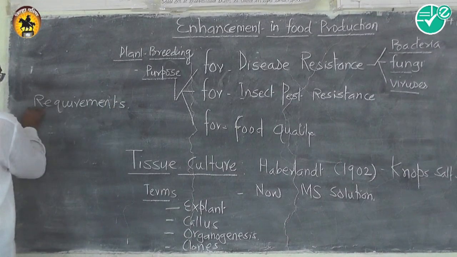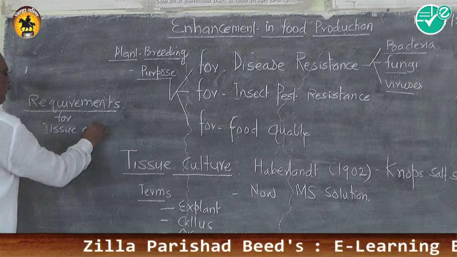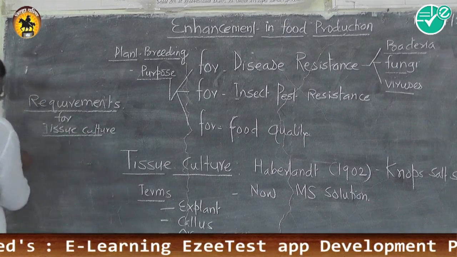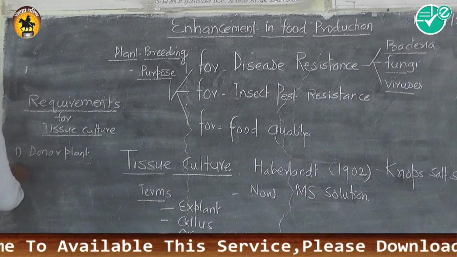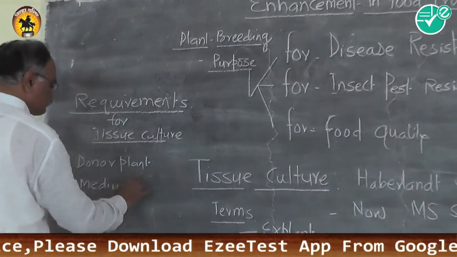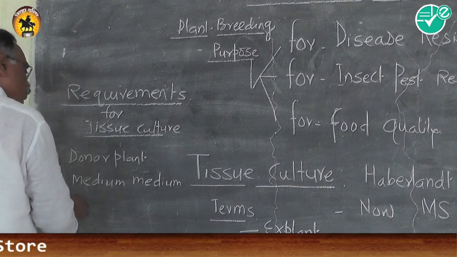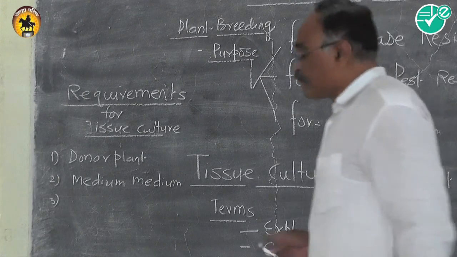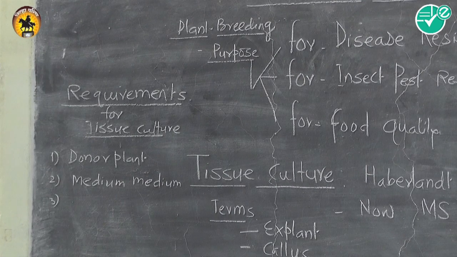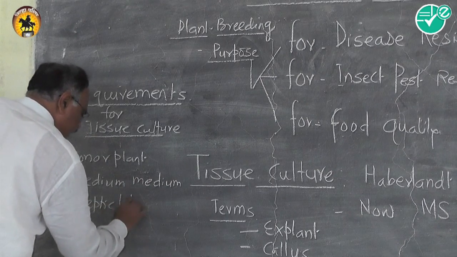The first is the donor plant, then the medium is needed, which may be solid or liquid, with minerals. Then the laboratory conditions and facility, aseptic laboratory conditions.